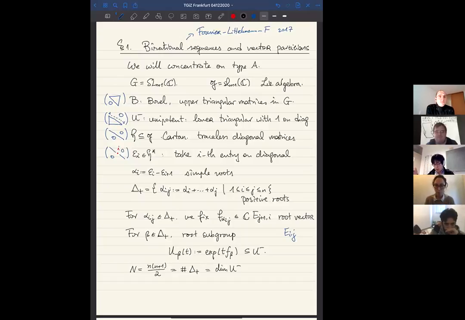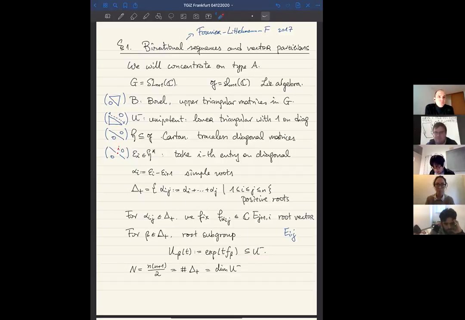So I choose some element in this, called a root vector. Example comes later. And then for this beta a positive root, I will define the root subgroup. The root subgroup is that you take this matrix and then you take the exponential of it. This is called the root subgroup. This guy is inside of my unipotent U minus.